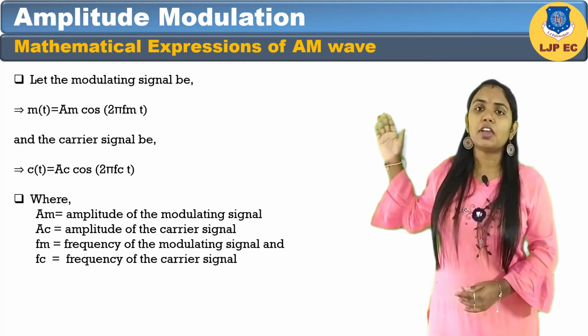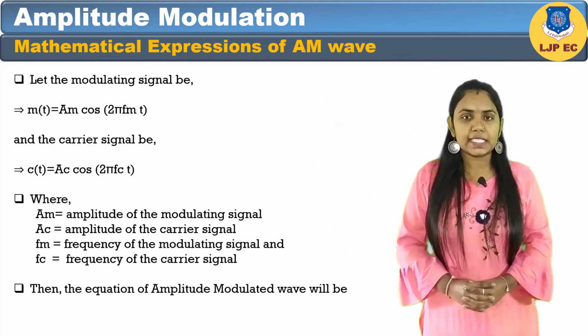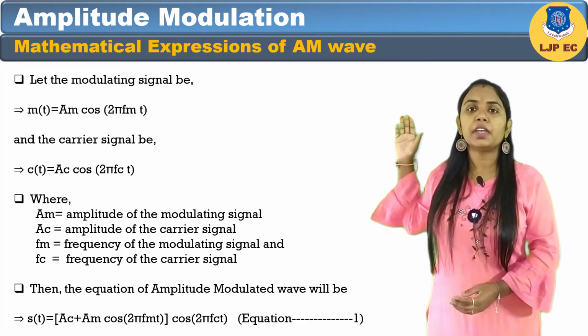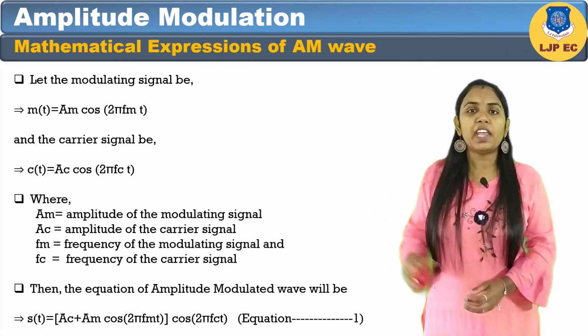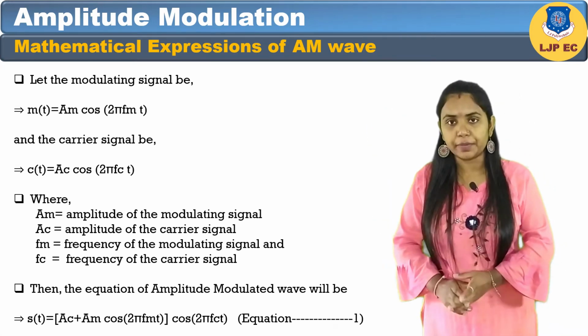Then the equation of an amplitude modulated wave is s(t) = (Ac + Am cos 2π fm t) cos 2π fc t.